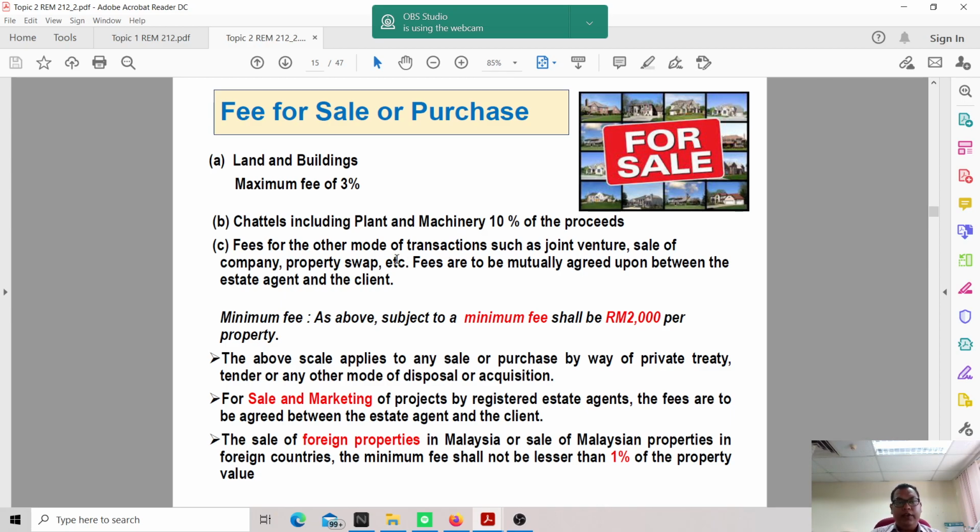Okay. Fees for other modes of transactions such as JV, joint venture, sale of company, property swap need to be mutually agreed upon between the estate agent and the client.